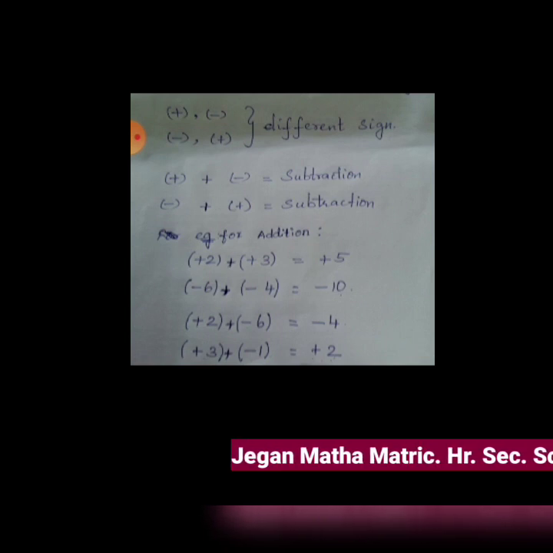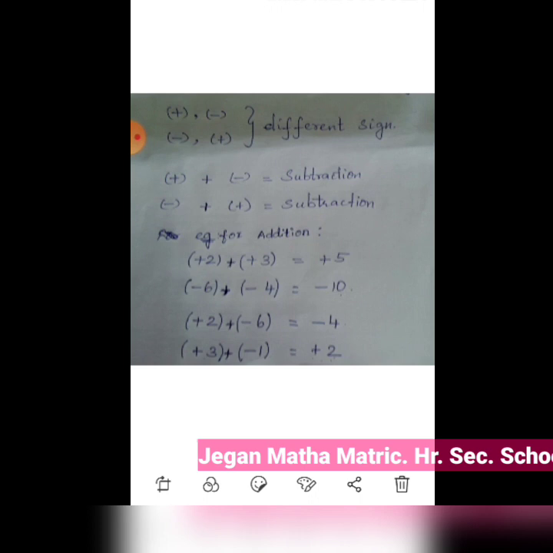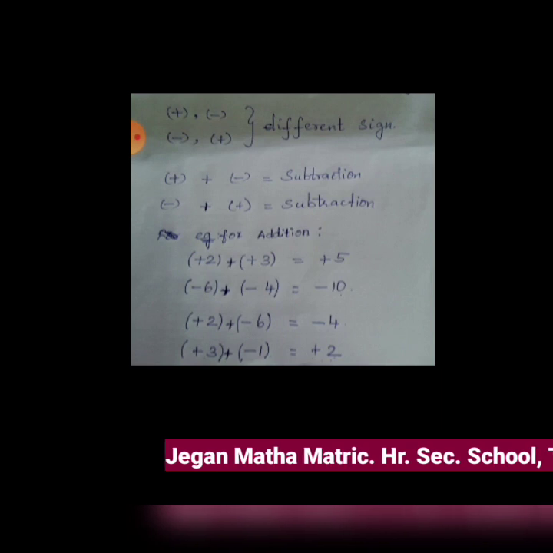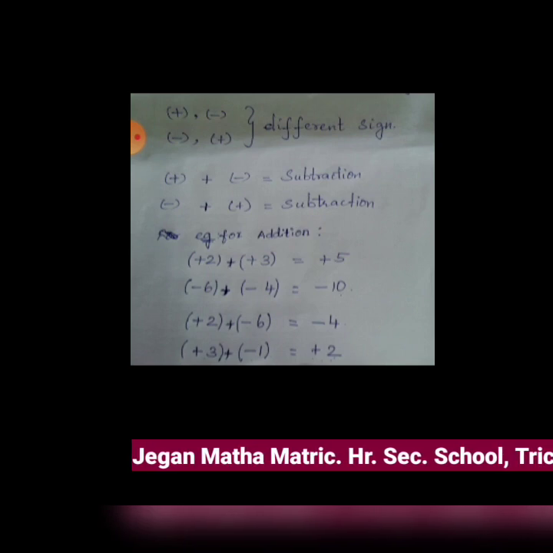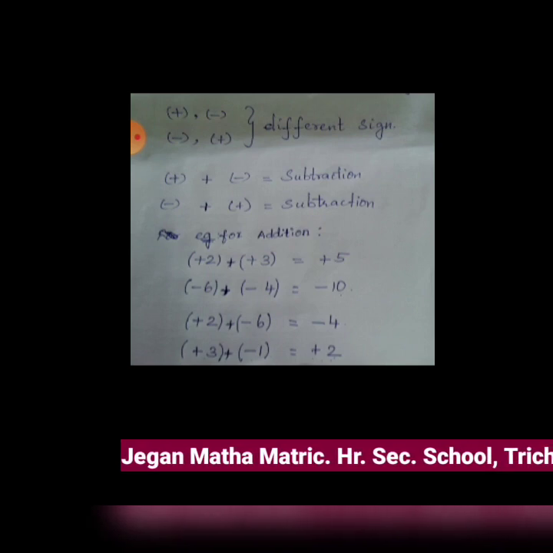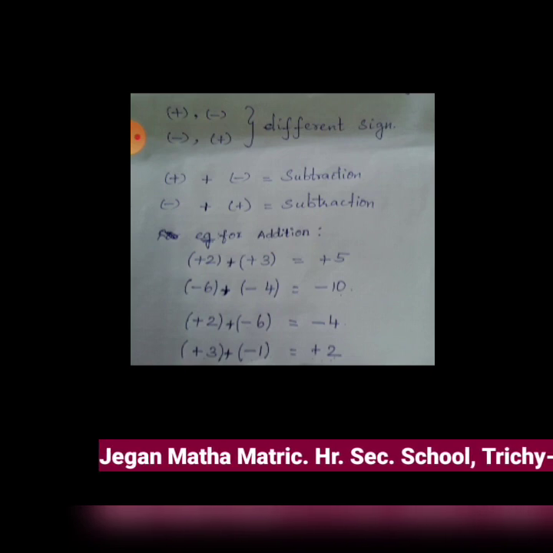These numbers have different signs, so the sum will be the difference between these two numbers. The difference between 3 and 1 is 2. So, 2 takes the greater number's sign, plus. So, the answer is plus 2.